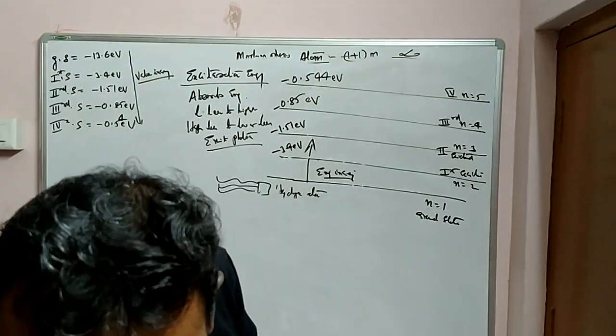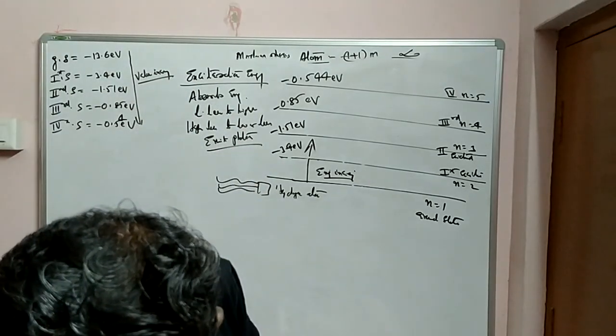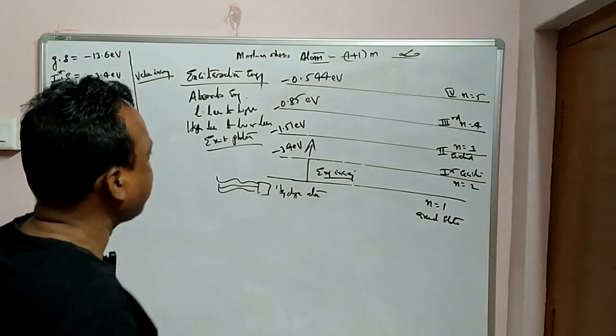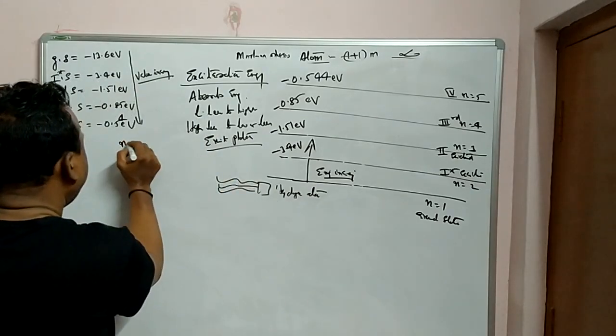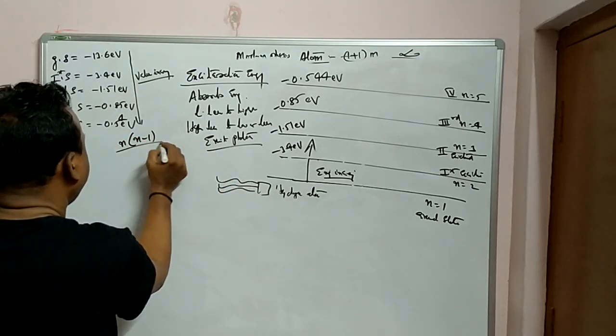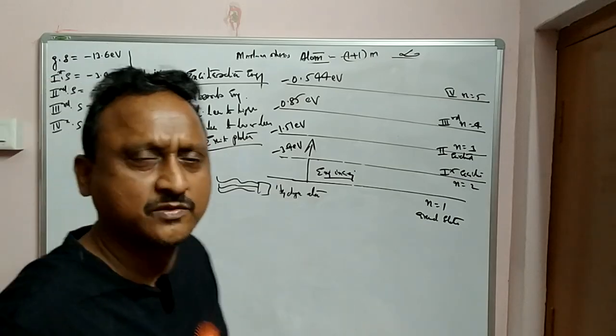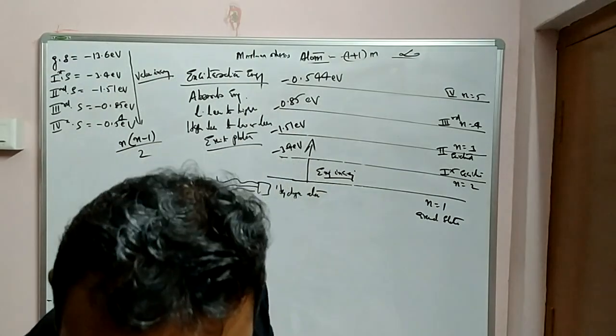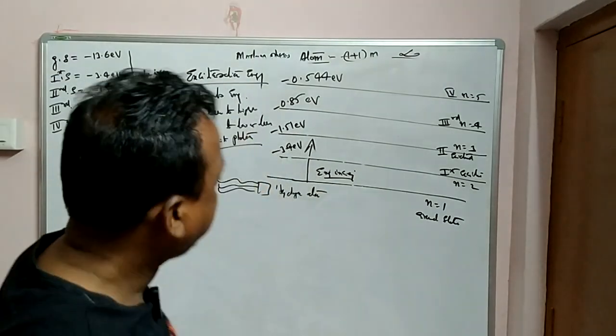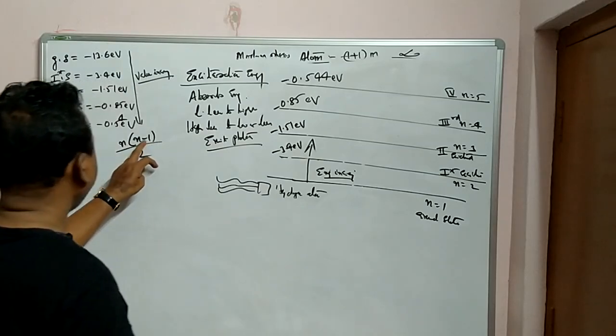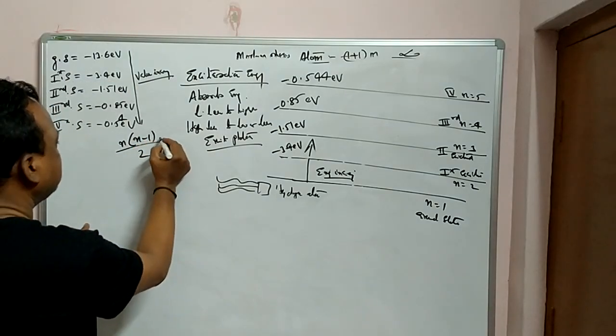We have one formula also. How many photons are emitted? N into n minus 1 by 2. A small formula is there. How many photons are emitted during the jumping? N into n minus 1 by 2.